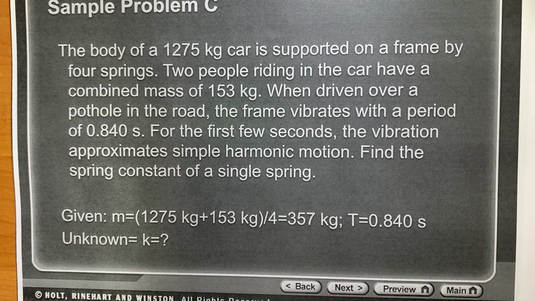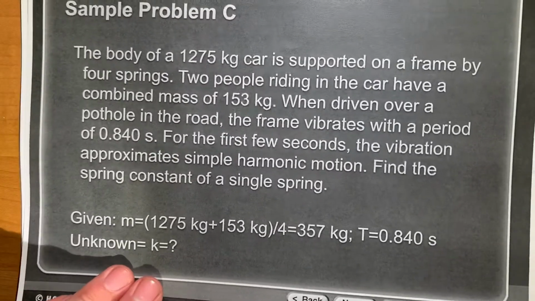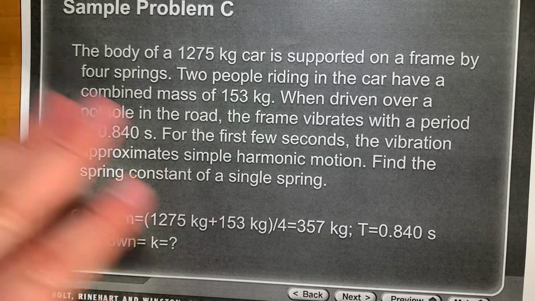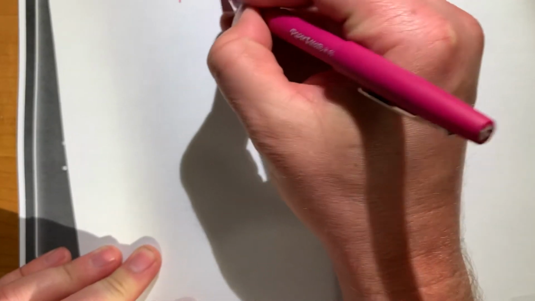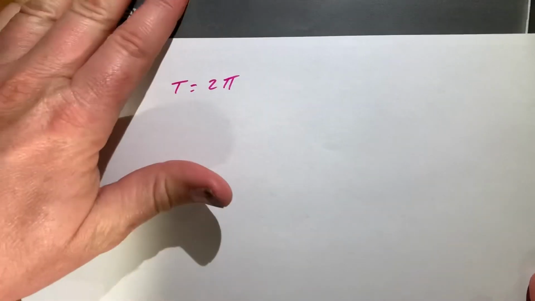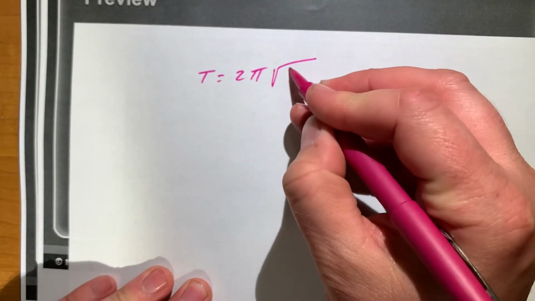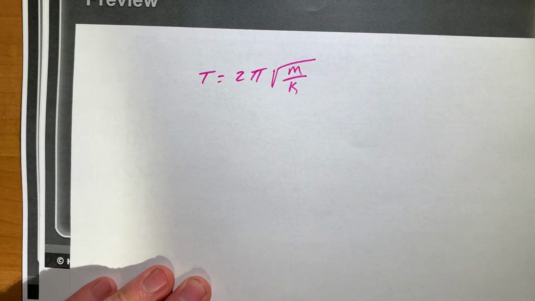So looking back at the equation for the mass spring system, we have T is equal to 2 pi times the square root of m over k, which again is the spring constant.